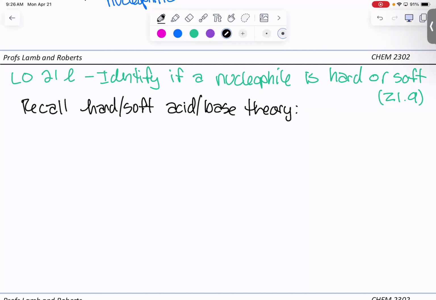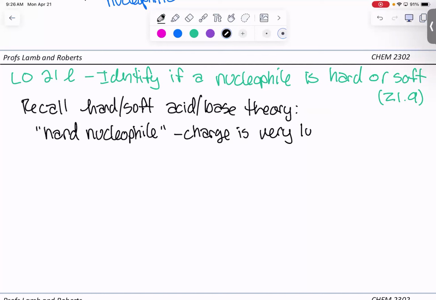All right, so we can say that a hard nucleophile, and we've seen some examples, is where the charge is very localized on the nucleophile or the nucleophilic position.